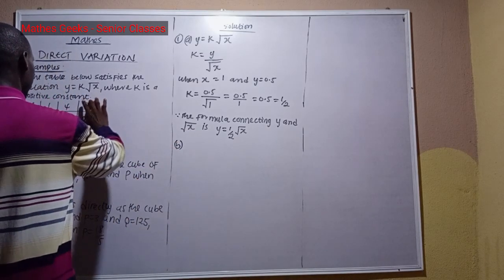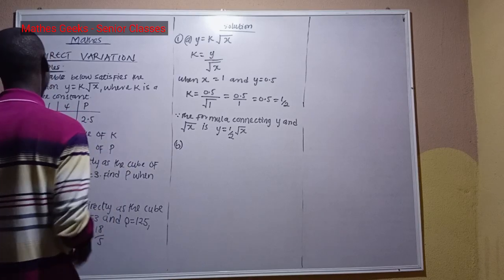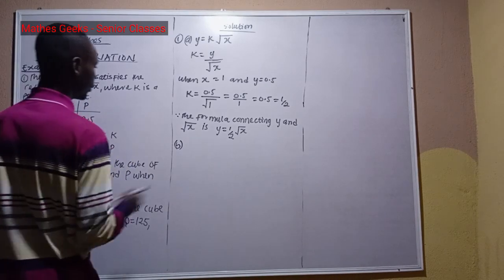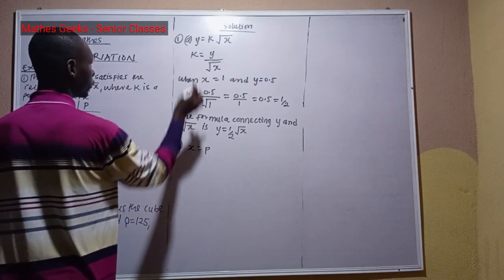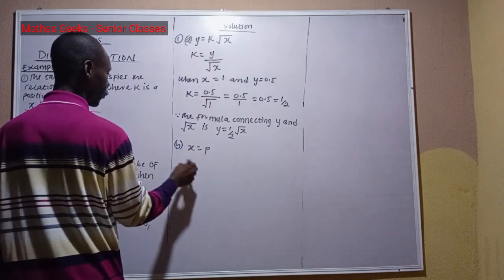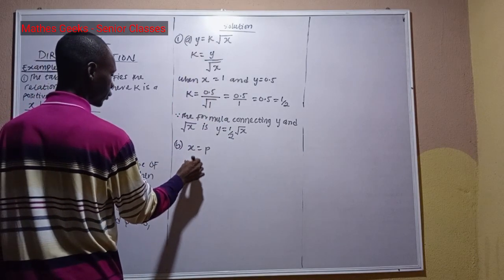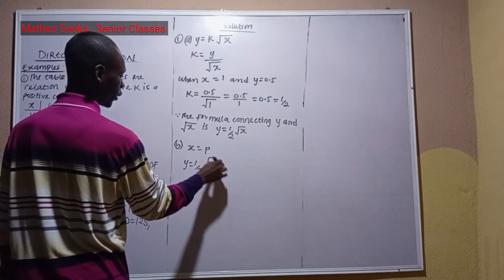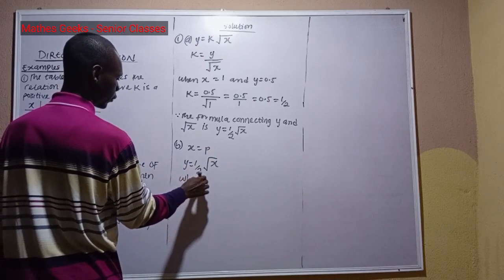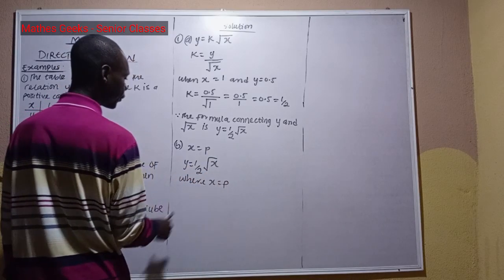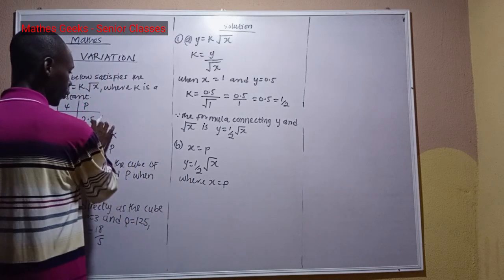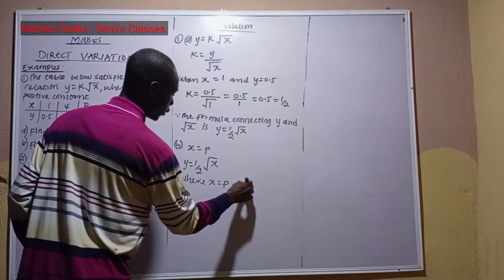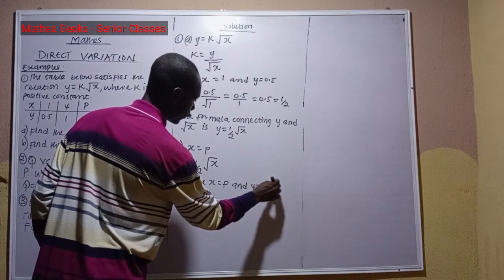To get the value of p, we're going to use this part. Now p is equal to x, so x is equal to p, and y is equal to 2.5.